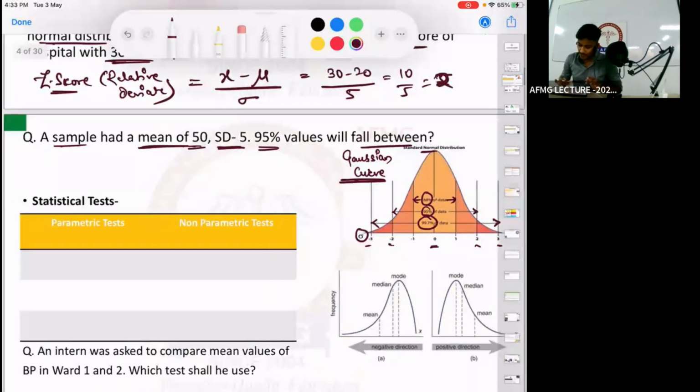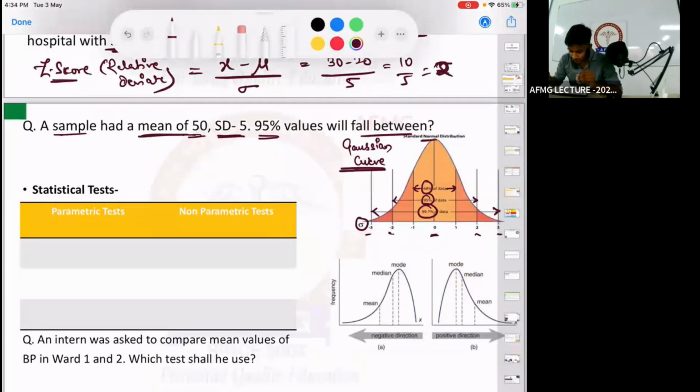Now here they have given that a sample had a mean of 50, standard deviation is 5, 95% of values will fall between. 95% means between -2 to +2 standard deviation. And what is the standard deviation in this sample? It is 5.